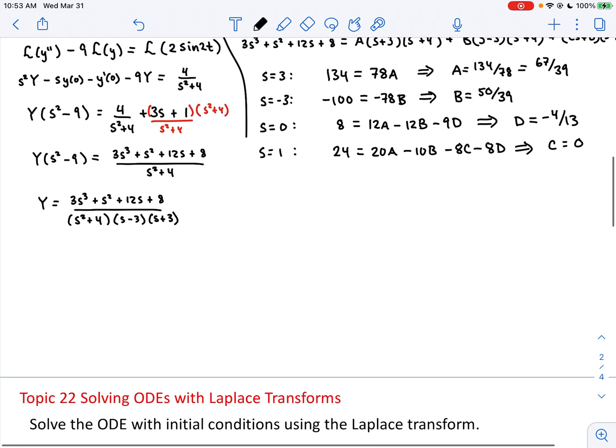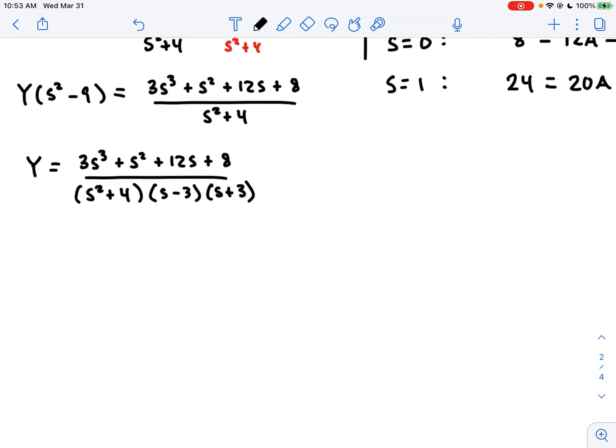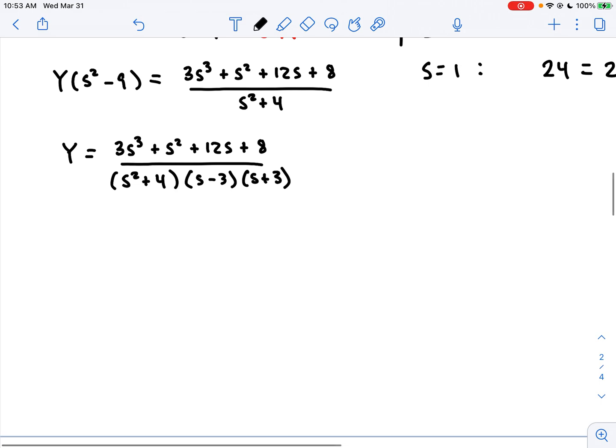So I'm going to go back to our y expression here and replace it with its decomposition. So capital Y function is equal to, now the a was over the s minus 3. So the a was 67/39. That was over the s minus 3. The b was over s plus 3.